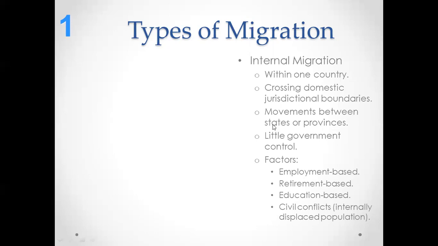In the case of United States of America, of course, pag interstate lang, yan. Within US ka pa rin. Pero sa atin dito, of course, we're using provinces. So if I'm from the province of Sultan Kudarat, I will migrate to South Cotabato. So that's it. Local or internal migration lang yan siya.